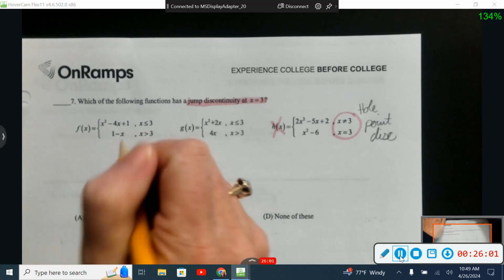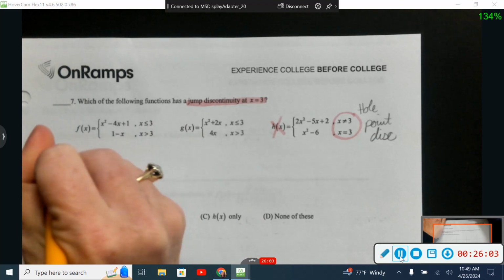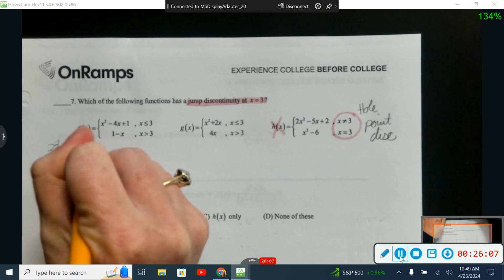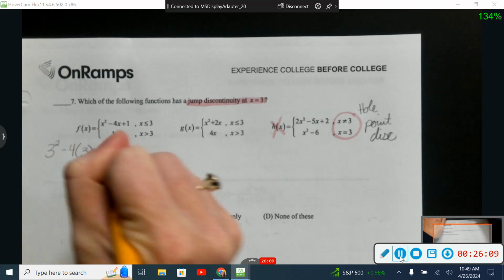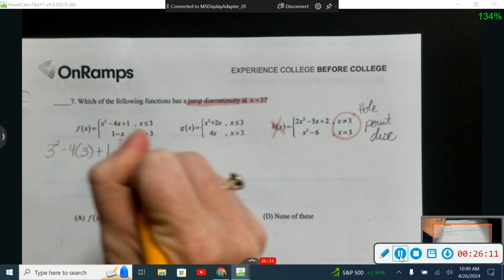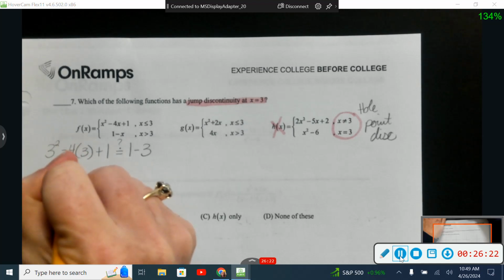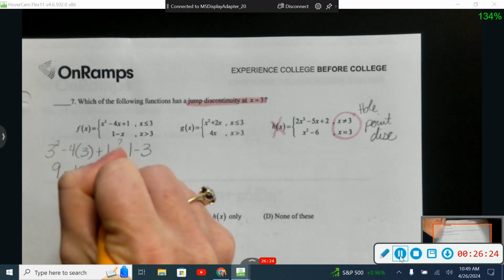So what I'm going to do is take my 3 and plug into both pieces and see if they are equal to each other. I'm going to plug into both the top piece and the bottom piece. This one gives me 9 minus 12 plus 1.